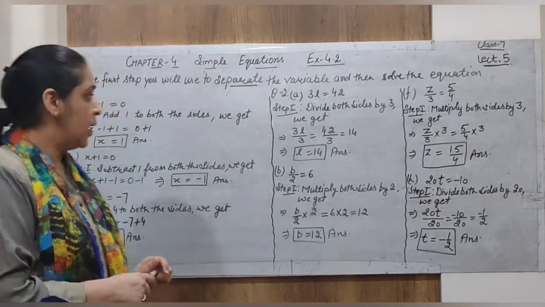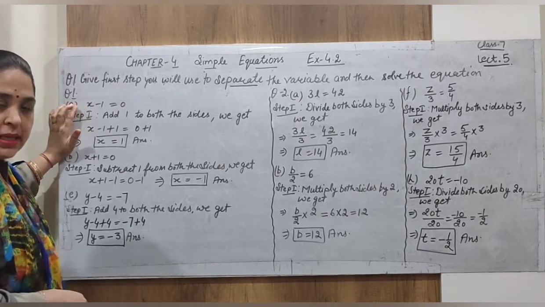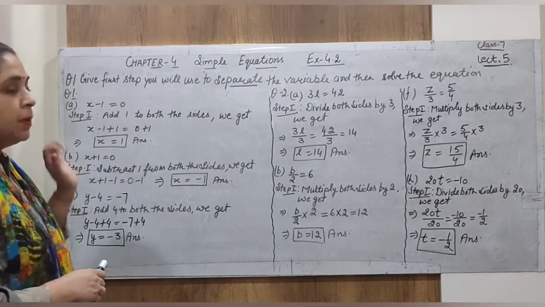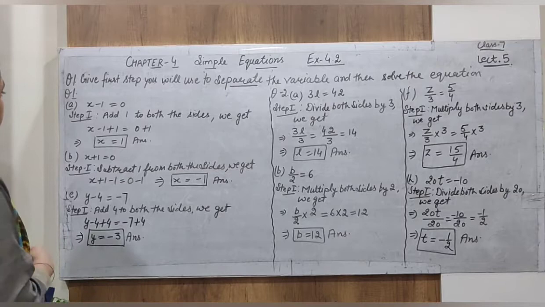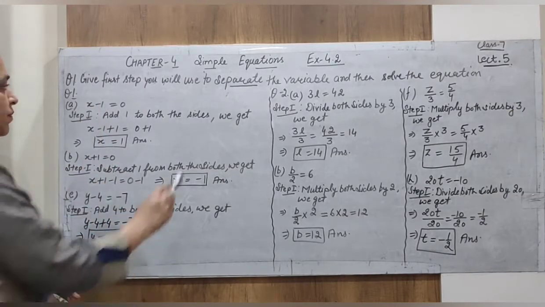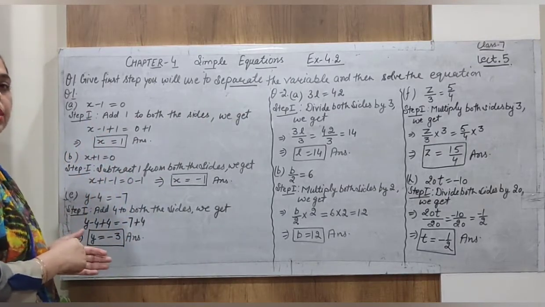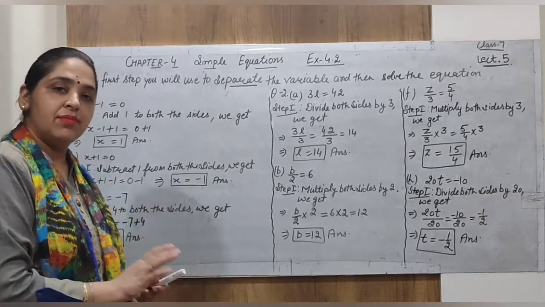What does this mean? It means that if the variable is present on the left hand side with any constant, or on the right hand side with any constant, we have to leave only the variable on one side. Separating the variable means the left hand side has only the variable, or the right hand side has only the variable.